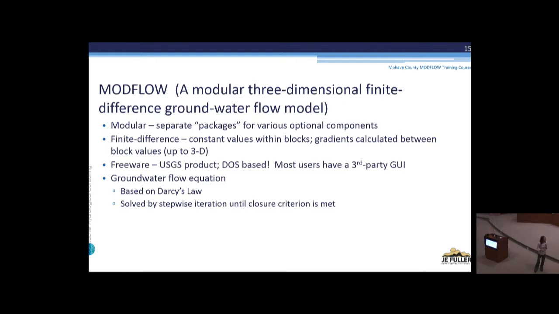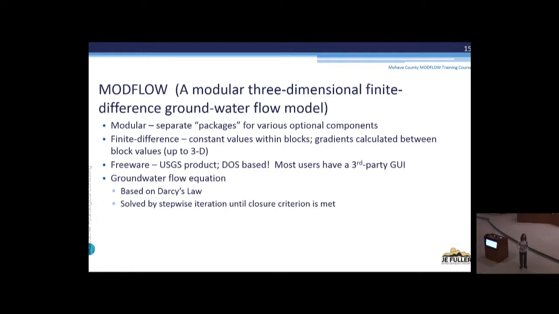So the groundwater flow equation is based on a couple things. Darcy's law is the primary thing, and don't worry if you don't remember that from, like, college physics. We'll go through it. And it's solved by stepwise iteration until some closure criterion that you as the modeler specify.